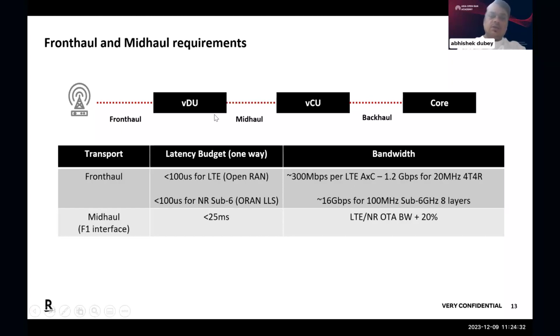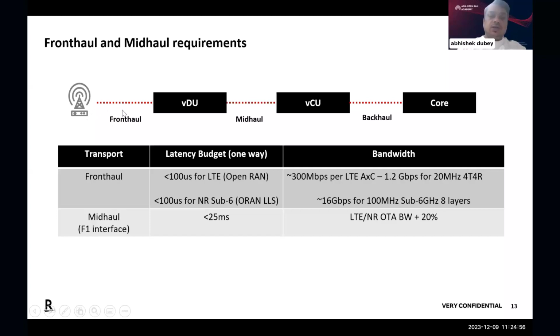We have the split architecture. Split means the BBU has been divided in two parts, DU and CU. So what interfaces you have between all those things, and what latency or bandwidth requirement you have, that can be shared with the customer.